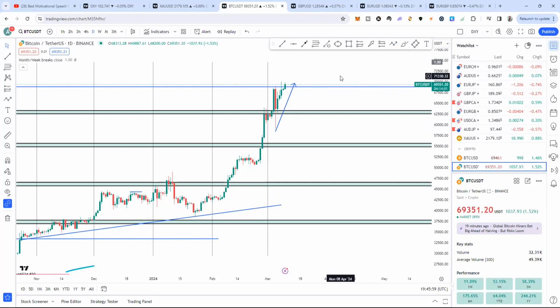Normally, since 2009, more than 10 years now, just follow what I'm saying. For more than a decade, the price of Bitcoin has had a pattern, a structure. Before Bitcoin halving, we normally have choppy price movement like this, sideways trading. You just go and check the chart, you see it.